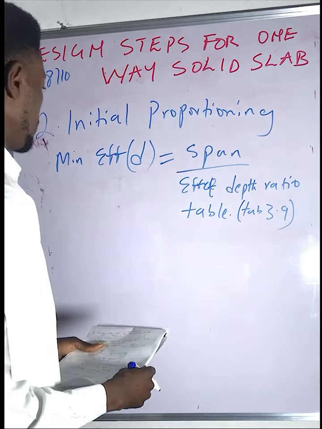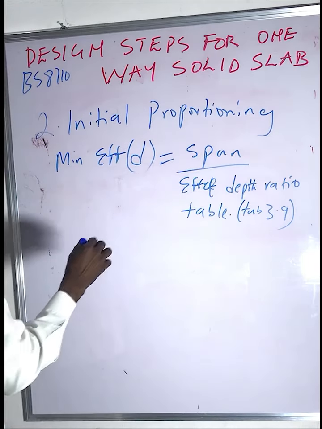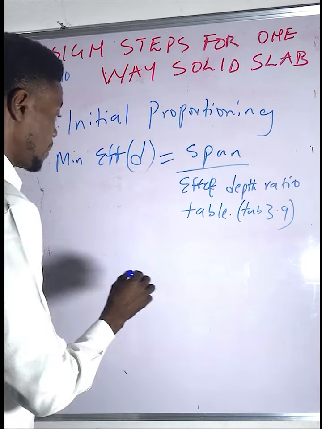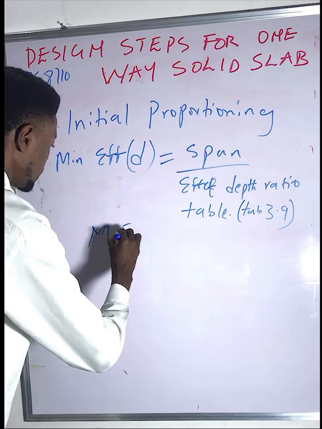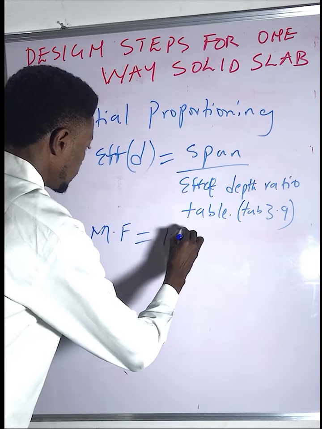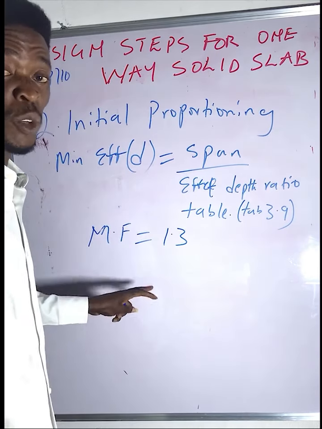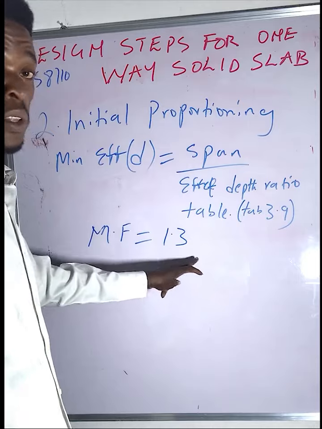Then we multiply it by the modification factor. Take your modification factor as 1.3.